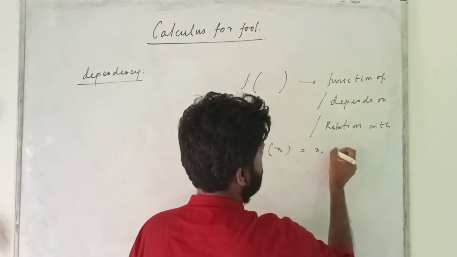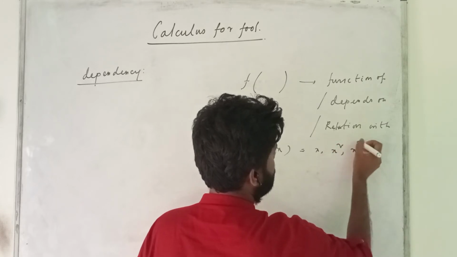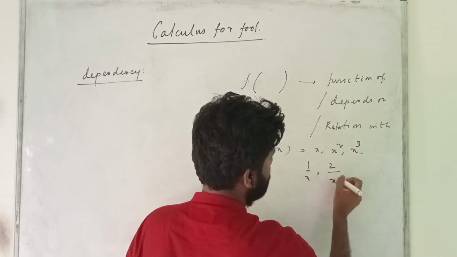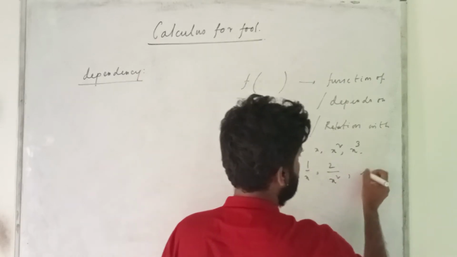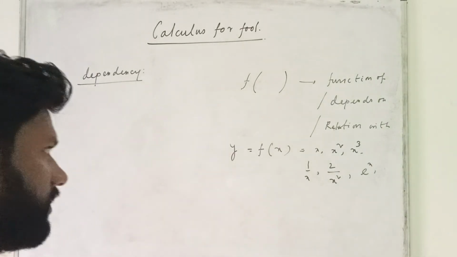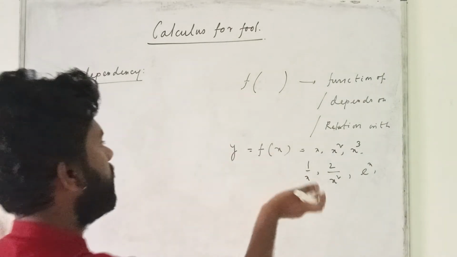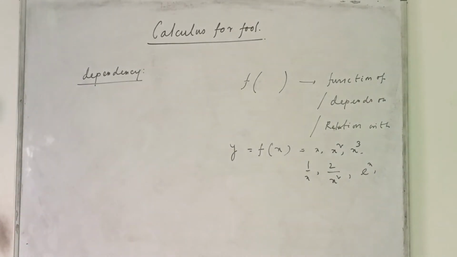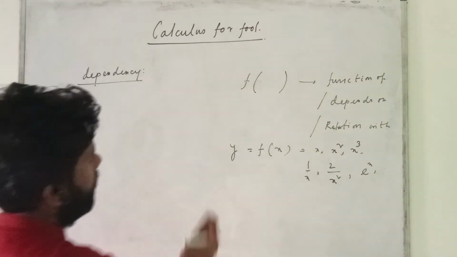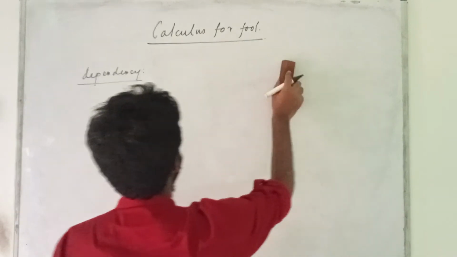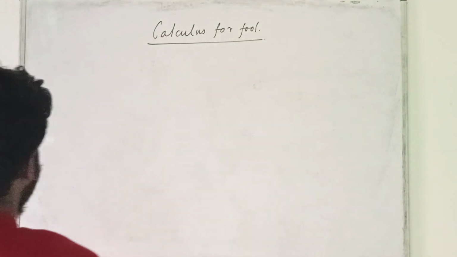It can be x, it can be x squared, it can be x cubed, it can be 1 by x, it can be 2 by x squared, it can be e power x, whatever. Sin x, cos x, anything with x is called a function of x. Right. Now, our task is to calculate dy by dx.